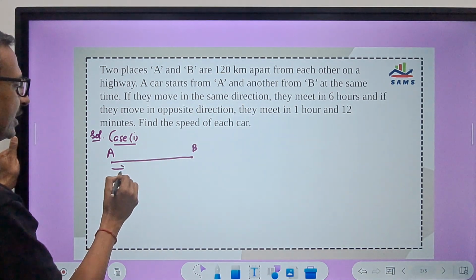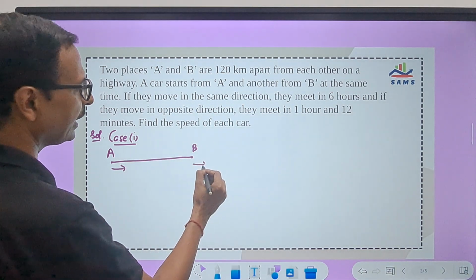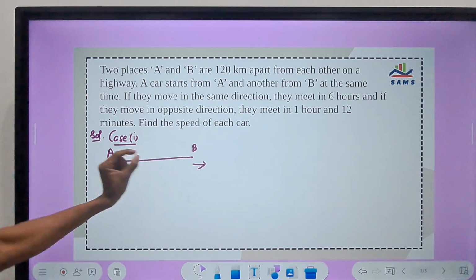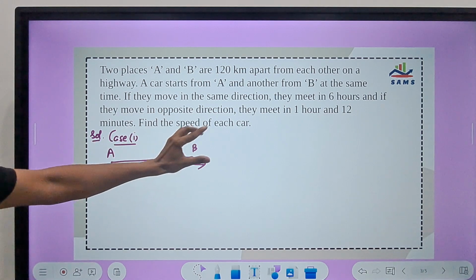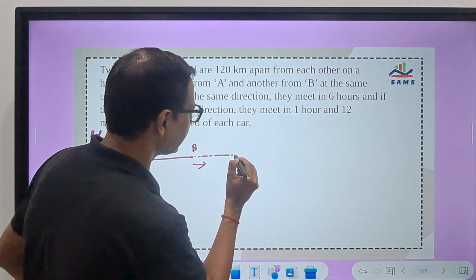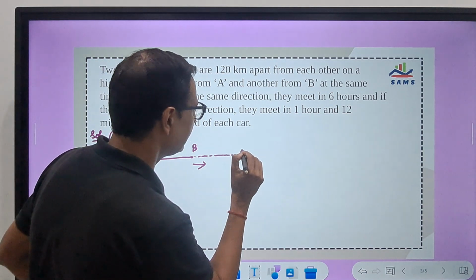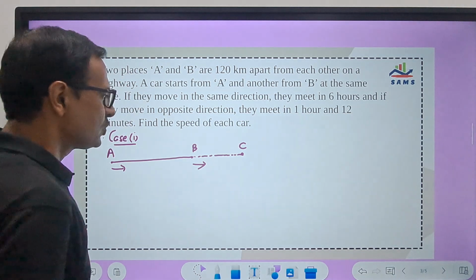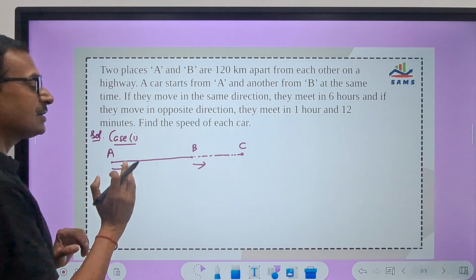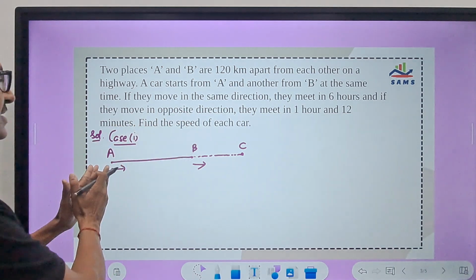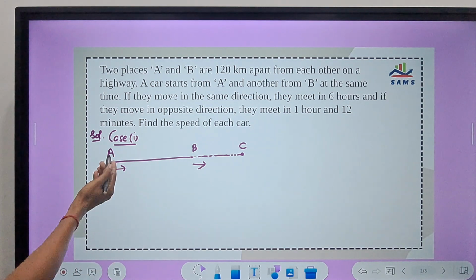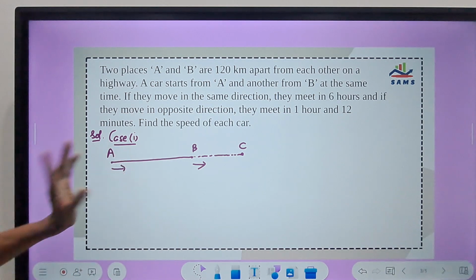Assuming this car is faster, it will overtake the other car somewhere, and let's assume the two cars are at the same position at C. The time in which this car covers the distance BC is the same as the time in which the other car covers the distance AC, because they start at the same time. That is case 1.